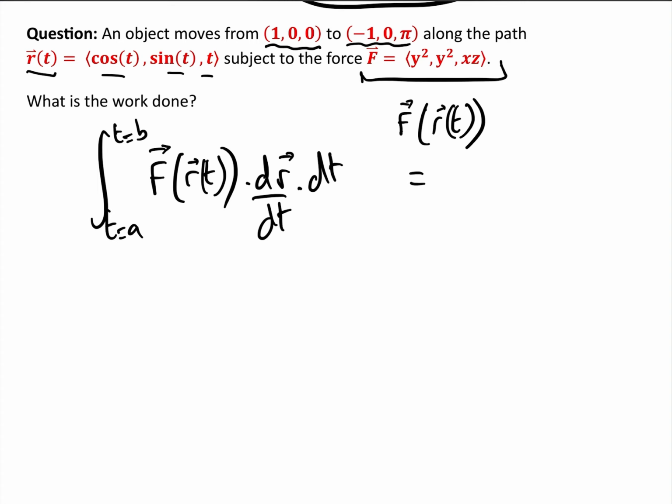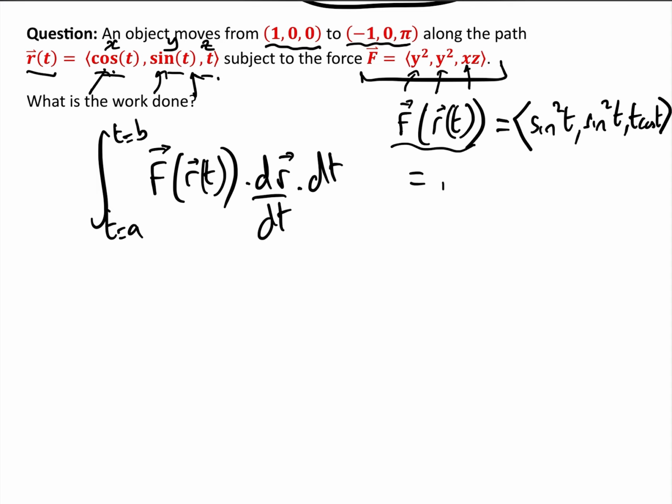Well, that means we have to replace the x, y and z here by the equivalent parameterization of x, y and z. So this is x, this is y, and this is z. That means that F of r of t would be, y squared would be sine squared t, and then y squared again sine squared t, and then xz would be t cos t. So that is our F of r of t.